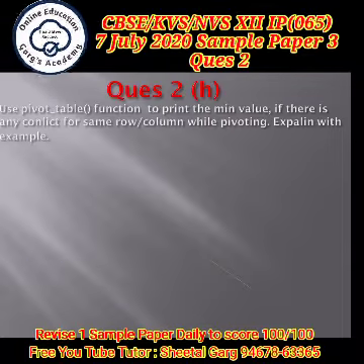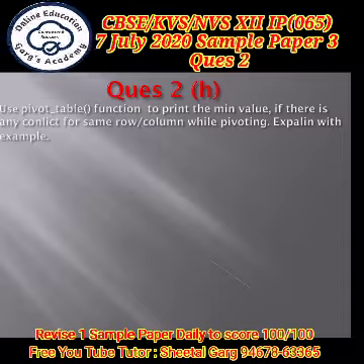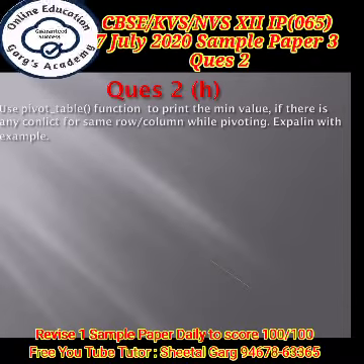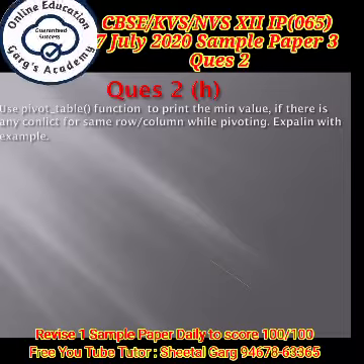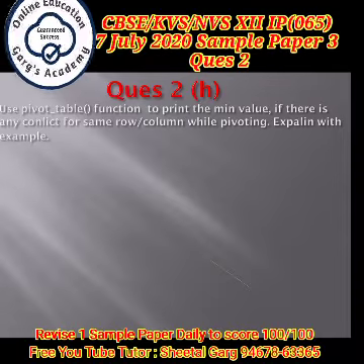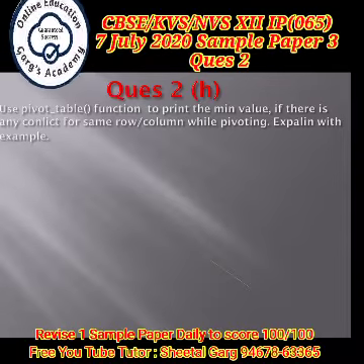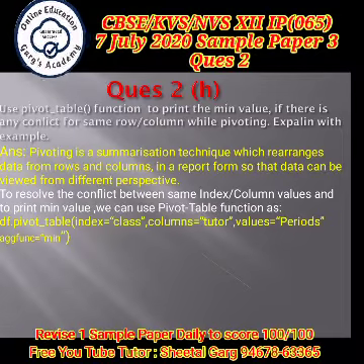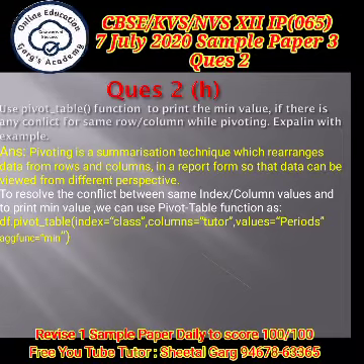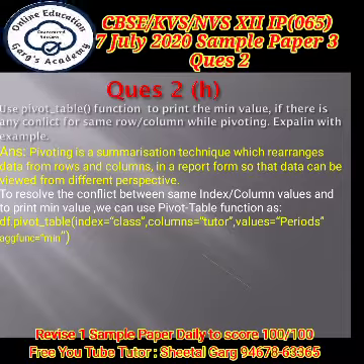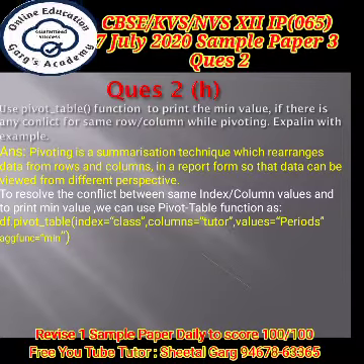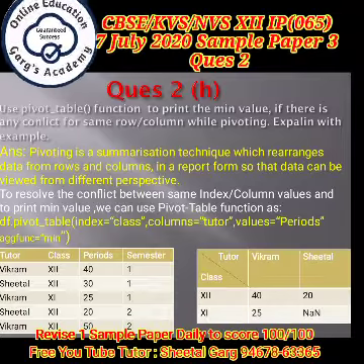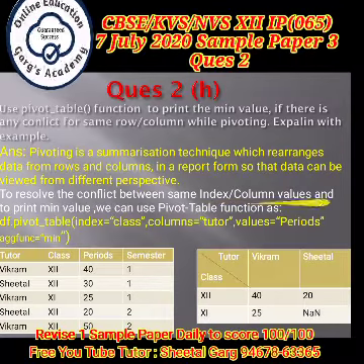Use the pivot table function to print the minimum value if there is any conflict for the same row and column while pivoting. Explain with an example. So students, let's first see what pivoting is. It is a summarization technique which rearranges data from rows and columns in a report form so that data can be viewed from different perspectives. Now in this question, what it wants to ask is about the same row and column values.